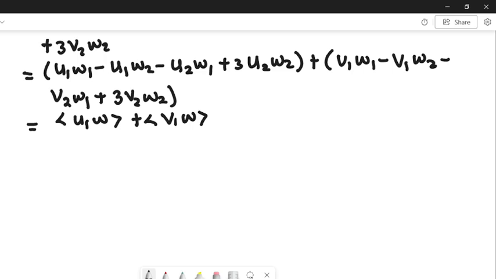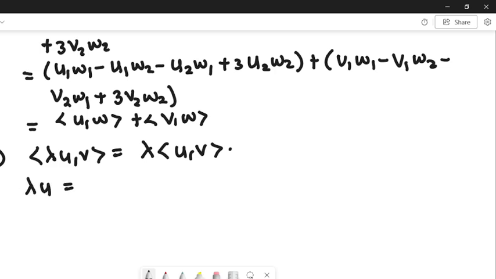Axiom 3, we're going to write it here, is that <lambda u, v> is equal to lambda <u, v>. So we multiply lambda with u, but our u is (u1, u2), which becomes (lambda u1, lambda u2).